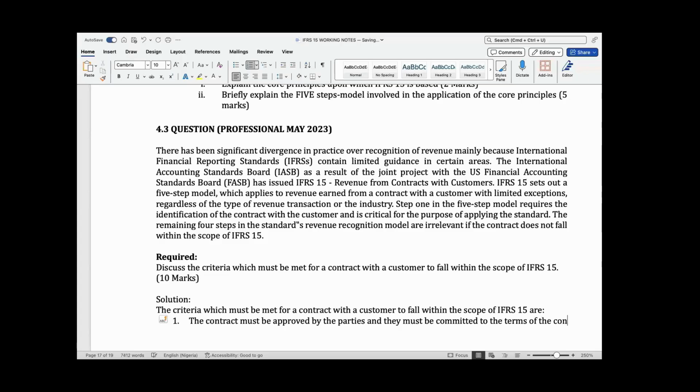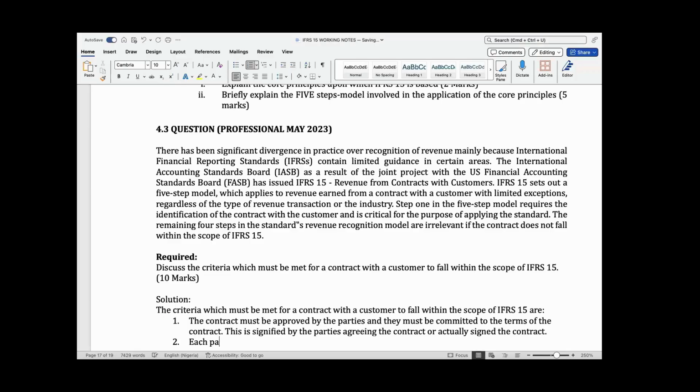This is signified by the parties agreeing to sign the contract, or actually signing the contract. So this shows that they have approved it when they sign.